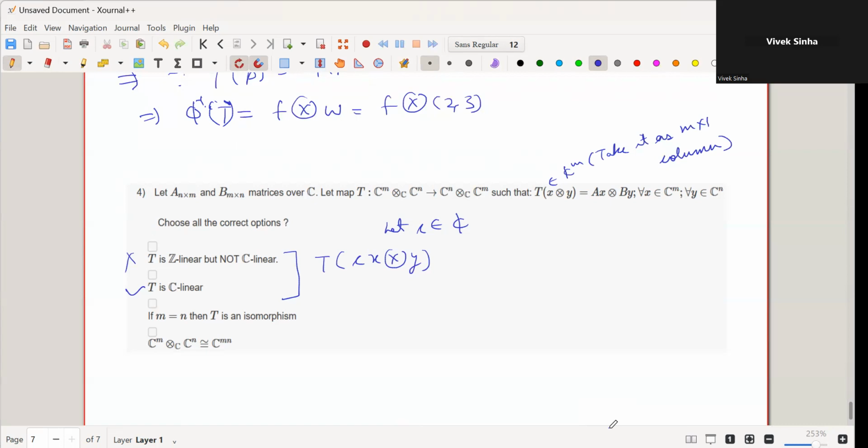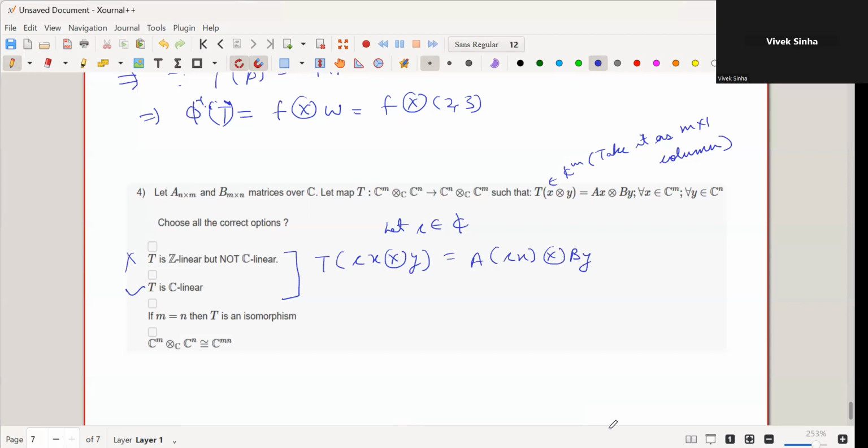So now c belongs to the complex numbers, then cx tensor y will be mapped to A times cx tensor By. So c is just a scalar multiplied to the column.